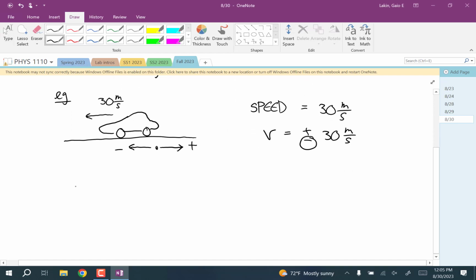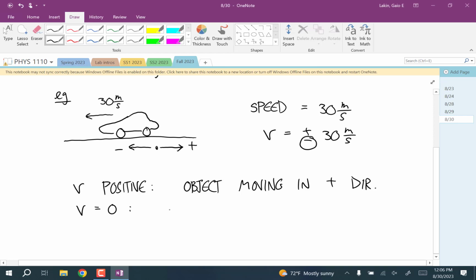Okay, so a velocity that's positive, let me just write it as positive, means the object is moving in the positive direction. A velocity of 0 means the object is at rest.